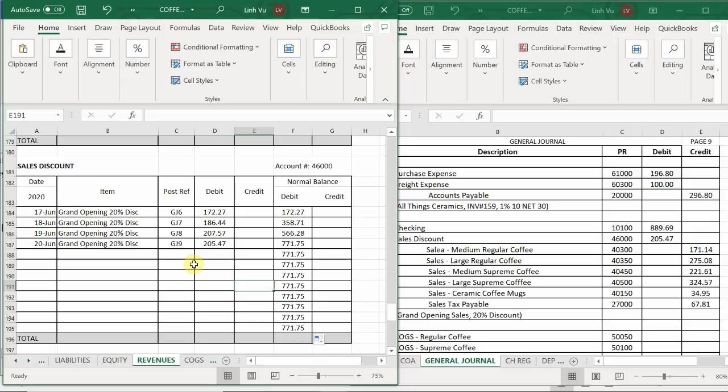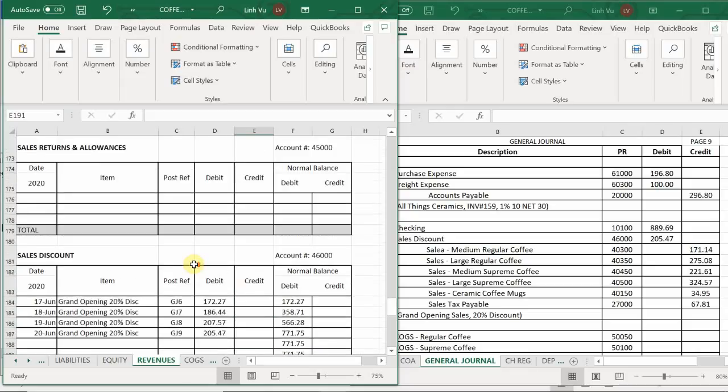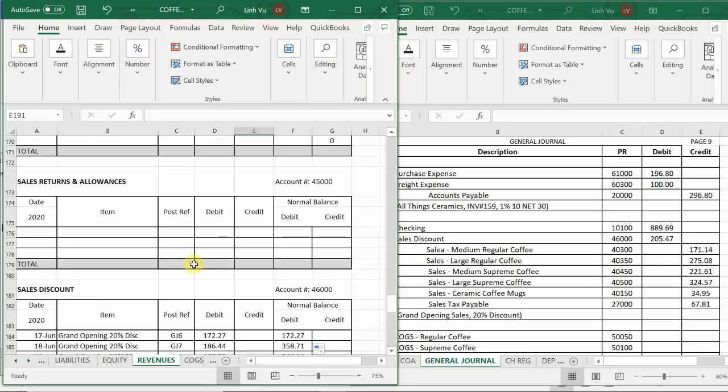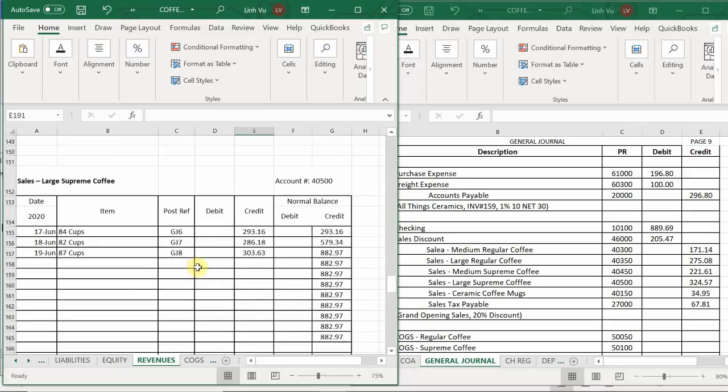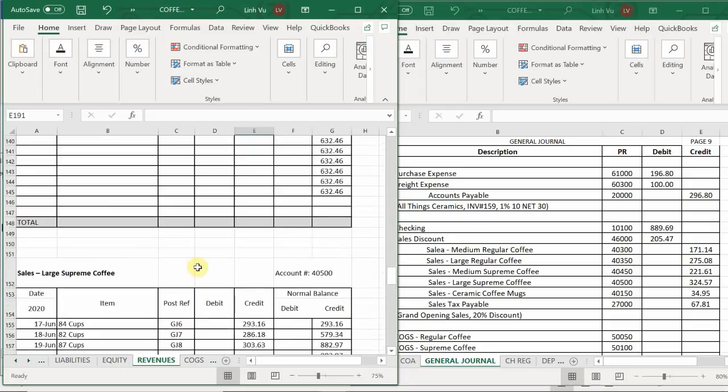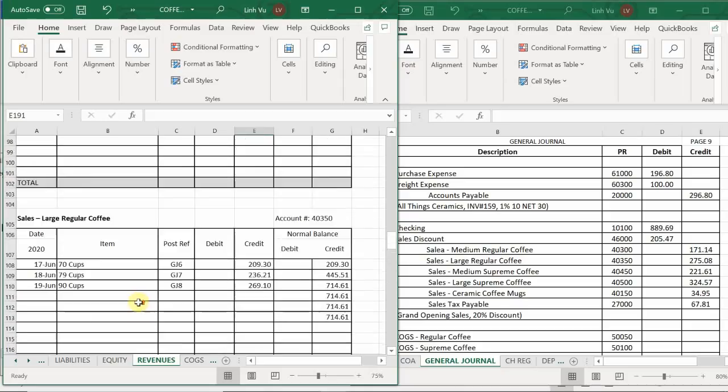Next is sales medium coffee. 86 cups. Okay, hold on. Sales medium coffee.